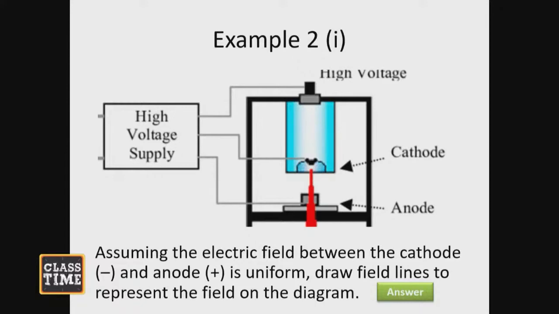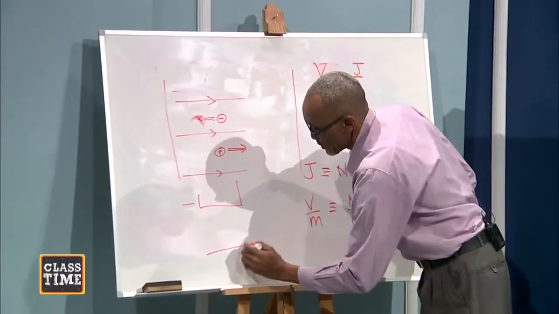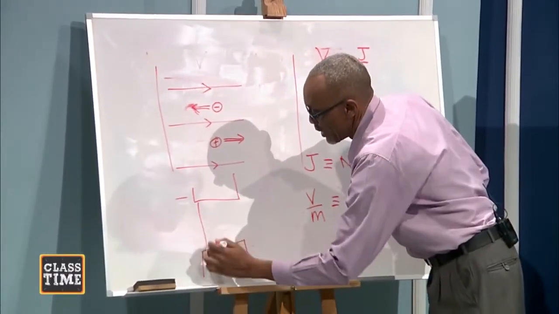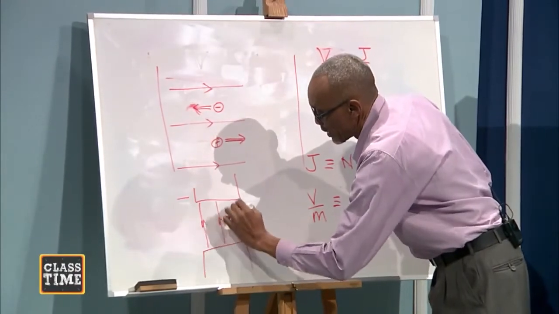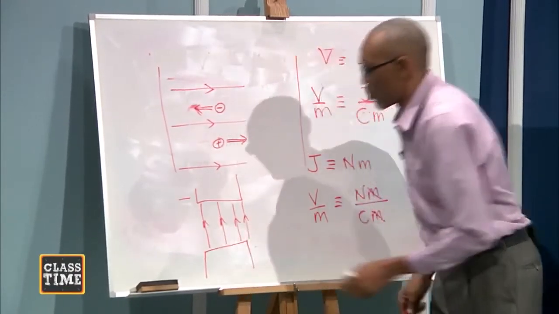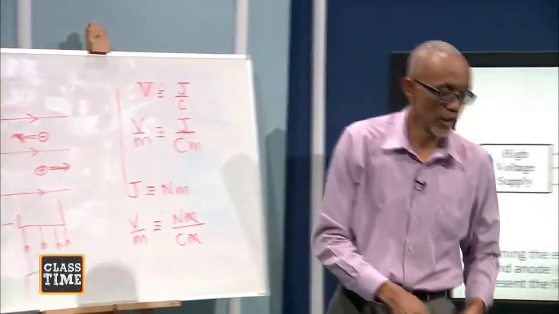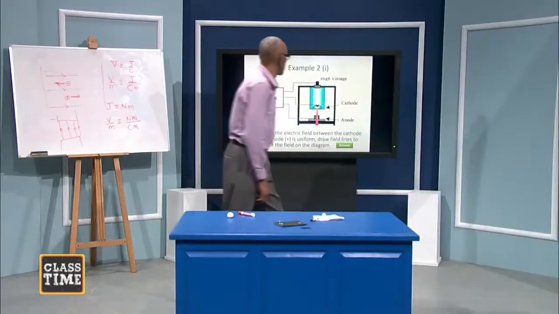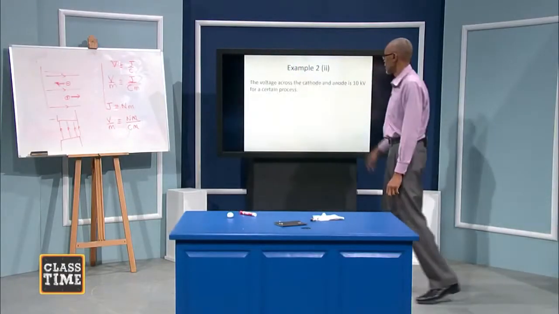I'll have to draw this. So this is the cathode, and this is the anode. So the electric field will be like that, going upwards, all right? And we'll assume that it's uniform, all right?